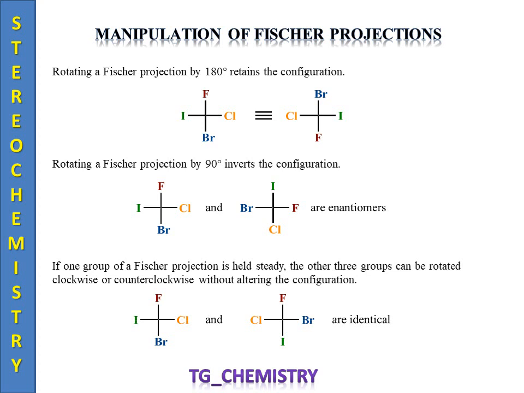Another option is if one of the groups of a Fischer projection is held steady and the other three groups are rotated clockwise or counterclockwise, the configuration is not altered. Then they will lead to identical molecules. Okay, so one group needs to be held steady. So these are simple manipulations of Fischer projections to convert one molecular structure or formula or configuration to the other one.